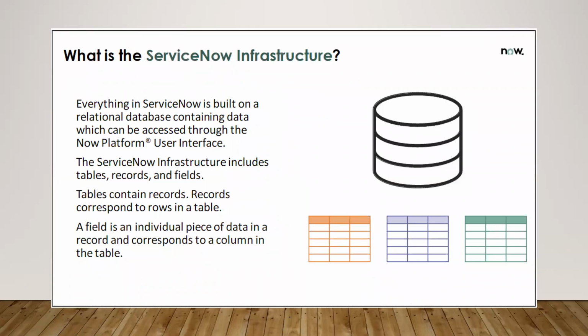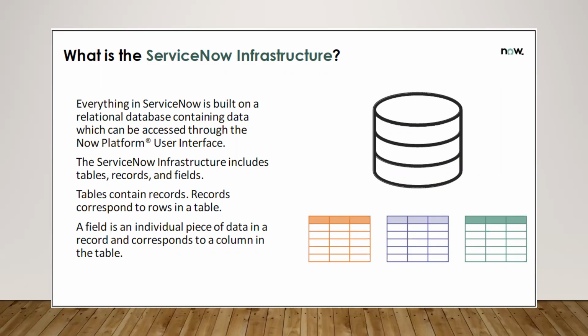So here it's coming, the first concept: ServiceNow infrastructure. Everything in ServiceNow that you can see is built on a relational database containing data which can be accessed through the Now Platform user interface.